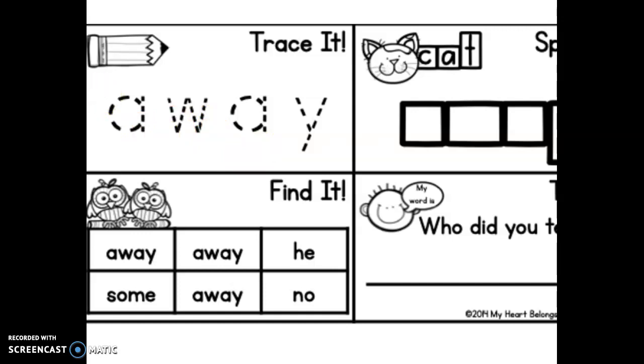I know you guys are all awesome tracers, so please try your best to stay on the lines, and I'll try my best here too, even though I'm on my computer. A, W, A, Y. Good job.